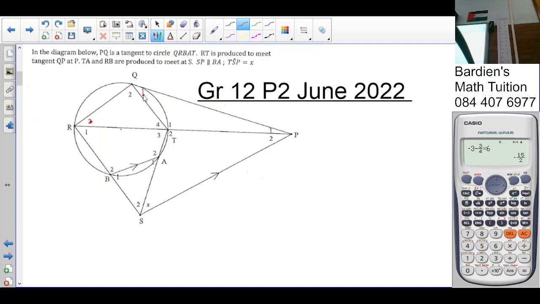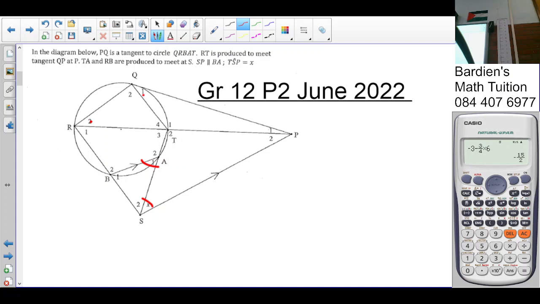Then we are told that RT produced, which means extended, to be tangent QP at P. TA and RB are produced to meet at S. Then we are told that BA is parallel to SP.